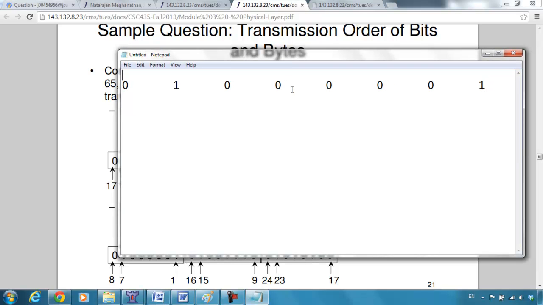In terms of the weights for the bits, these are the weights for the bits. We call this bit the least significant bit because it has the least weight, whereas this bit is the most significant bit because it has the maximum weight possible for that byte, right?